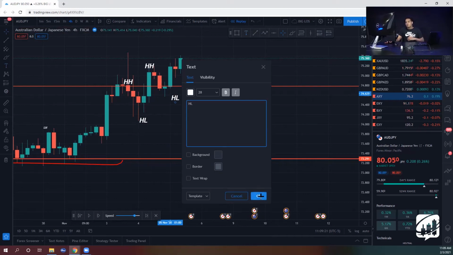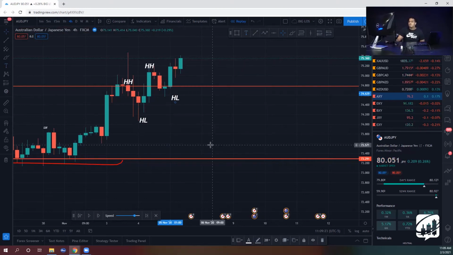So now we're safe to say the trade is in an uptrend. It's creating sequences of higher highs and higher lows. So as we know, if we're buying for a bull, we're only entering at support, at the higher lows.